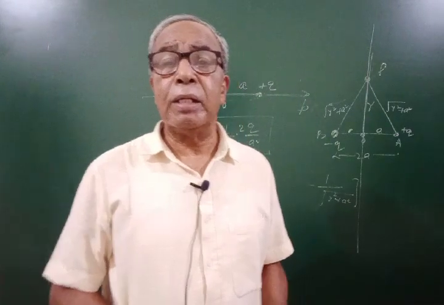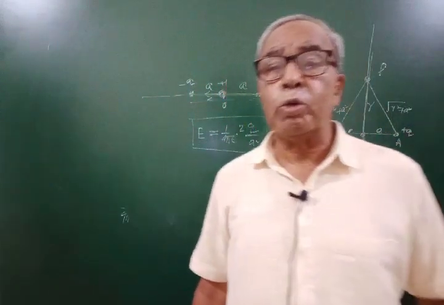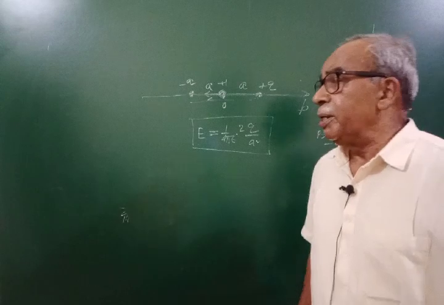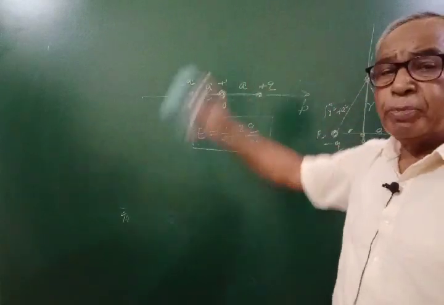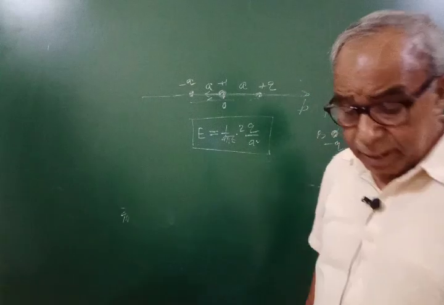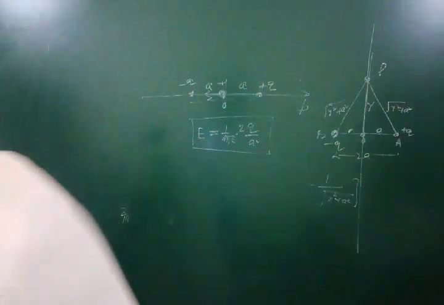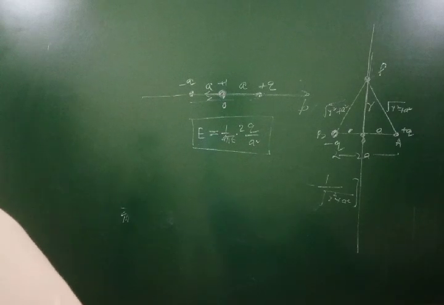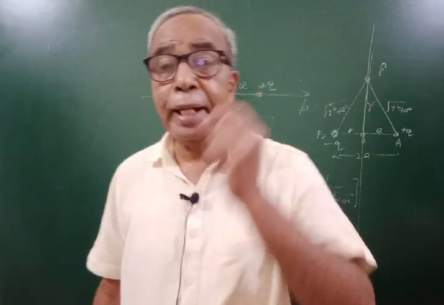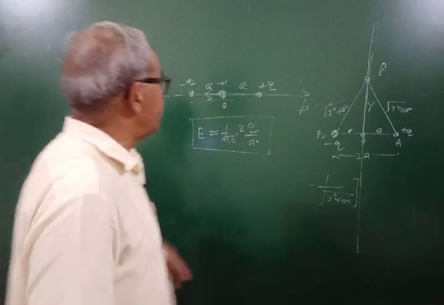At every point in equatorial plane, electric field is anti-parallel to dipole moment. Please remember it. What I said, at every point in equatorial plane, electric field due to dipole is anti-parallel to dipole moment, and electric field is parallel to dipole moment at every point on axis of dipole, except midpoint.